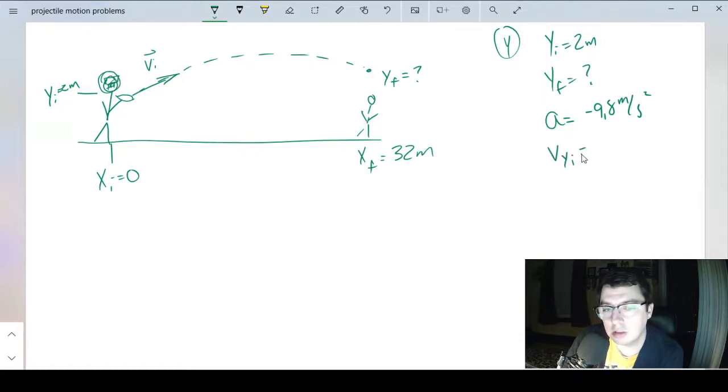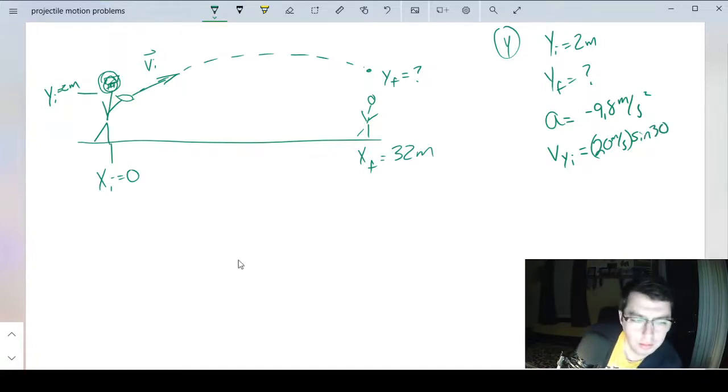Vy initial is going to be 20 meters per second times sine of 30. Why did I do that? Well, remember, our football is launching up. That's not a 30-degree angle, Jeffrey. Shame on you.